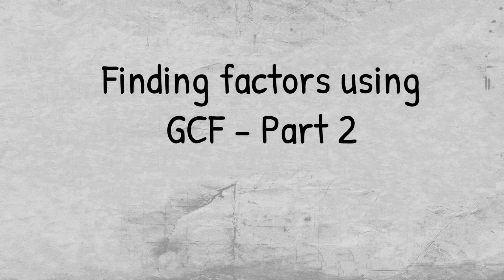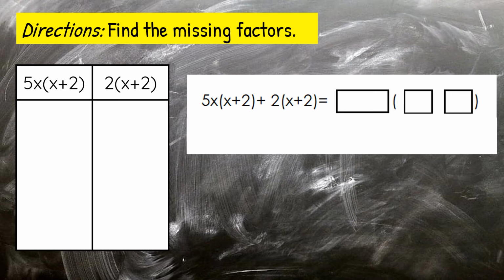So let's talk about what happens when we have something slightly different. In this problem, you can see that the factors of the first term are 5x and x plus 2. The second set of factors is 2 and x plus 2. Notice they both have x plus 2. So that is our GCF.